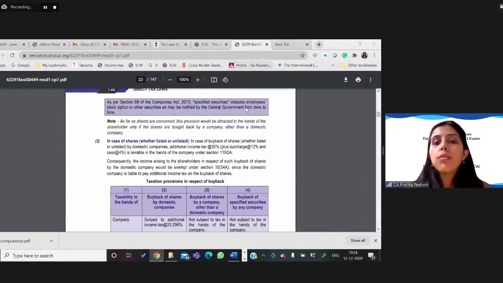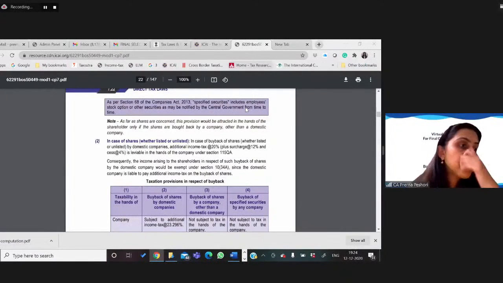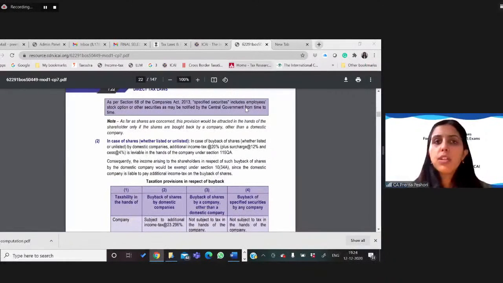Any doubts till now? If not, I'll quickly move ahead to some of the smaller sections of the specific charge itself.